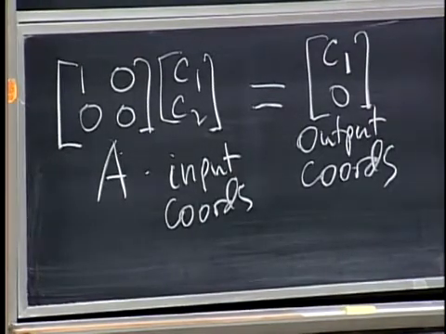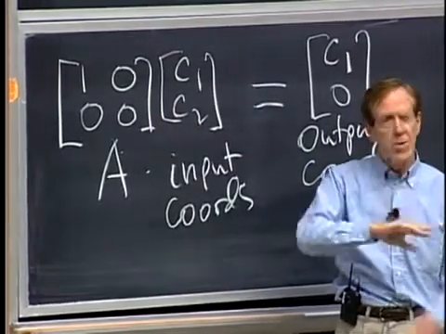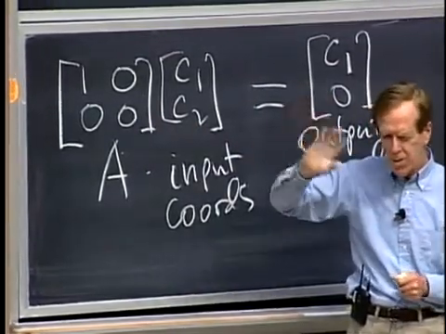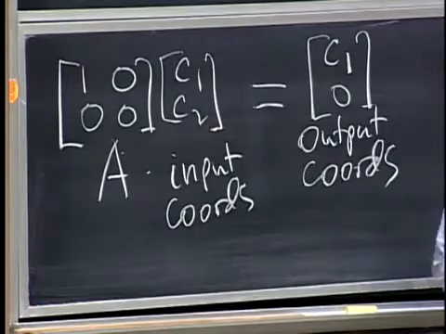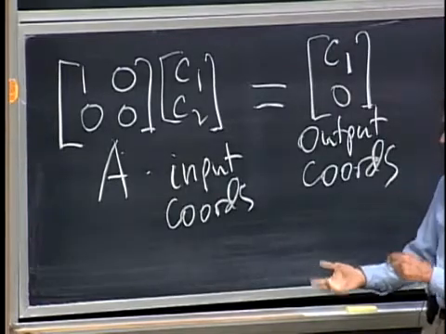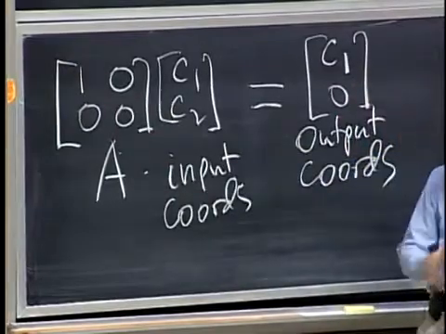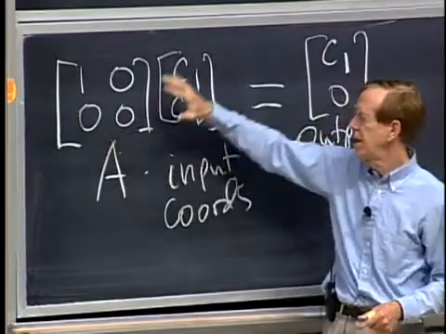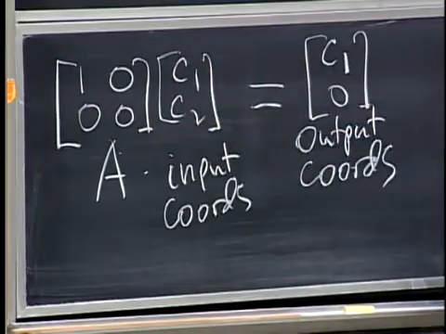So the first point is there's a matrix that does the job. If there's a linear transformation out there, coordinate-free, no coordinates, and then I choose a basis for the inputs, and I choose a basis for the outputs, then there's a matrix that does the job. And what's the job? It multiplies the input coordinates and produces the output coordinates.